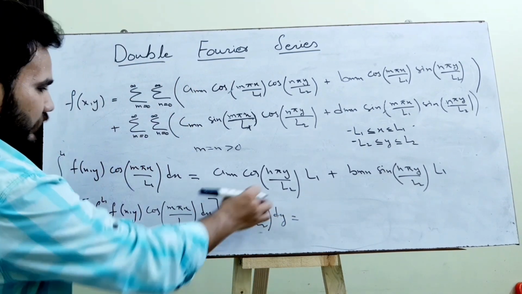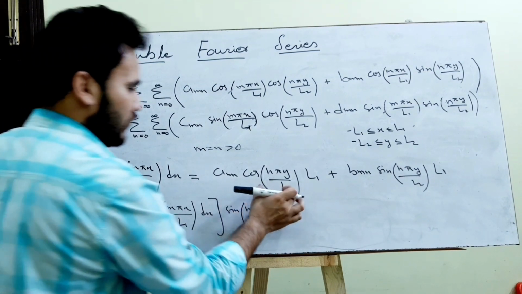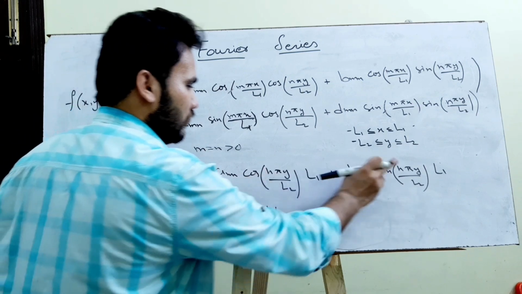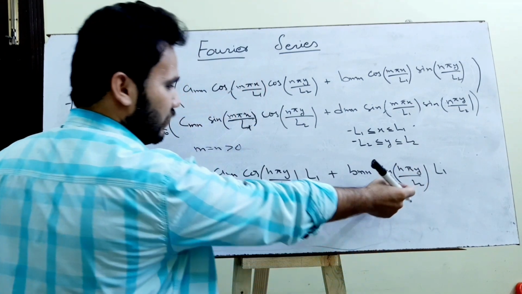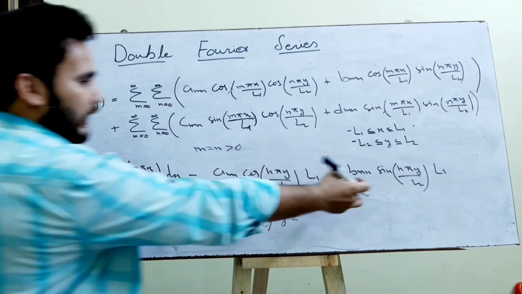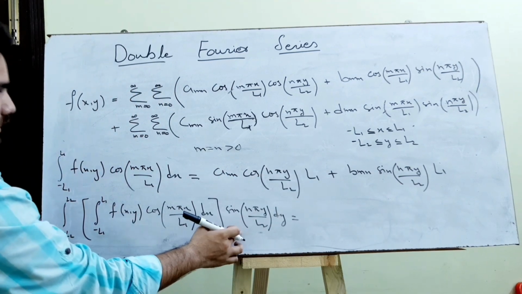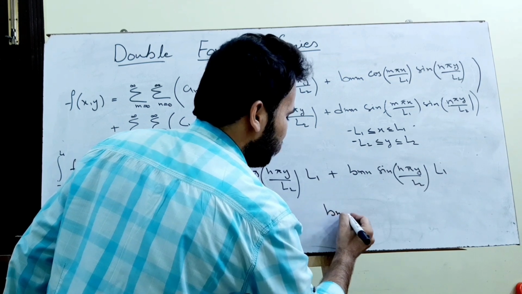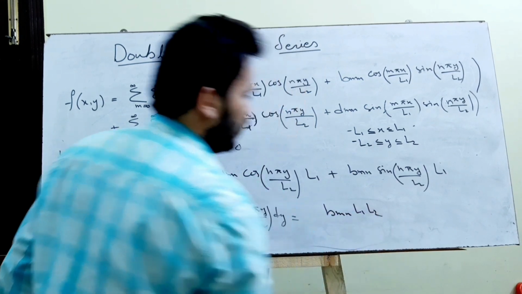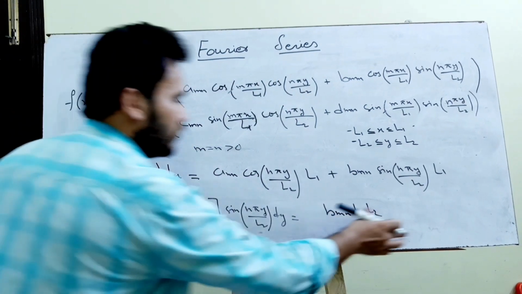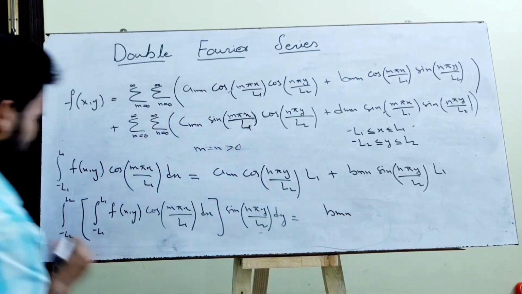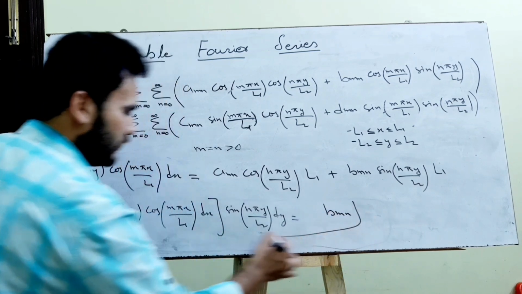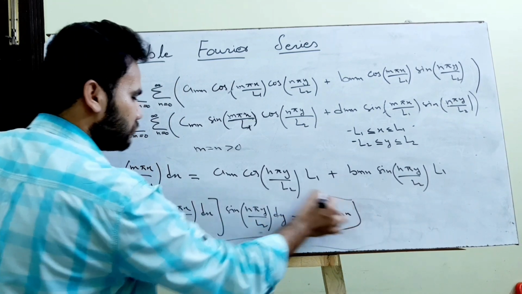If I am integrating with respect to sine, then the cosine term will be 0, so no more of this term remains, and the integration of sine squared n pi y from negative L2 to L2 gives b_mn L1 L2. Dividing both sides by L1 L2, we have found our b_mn.